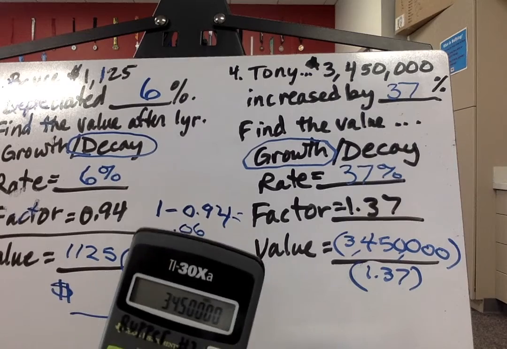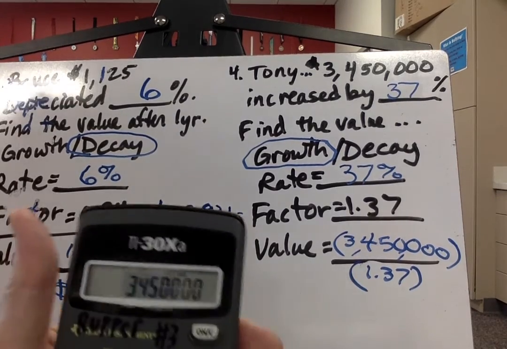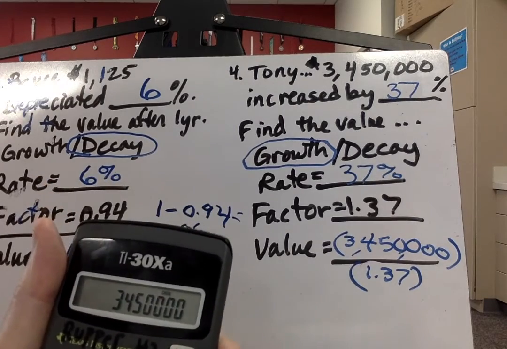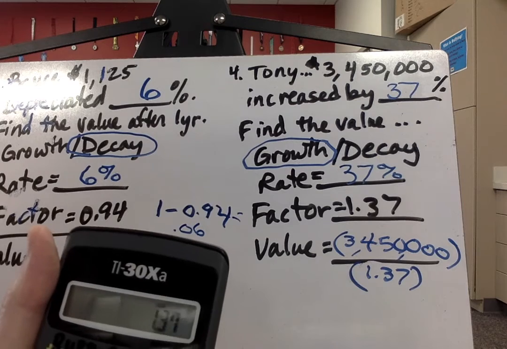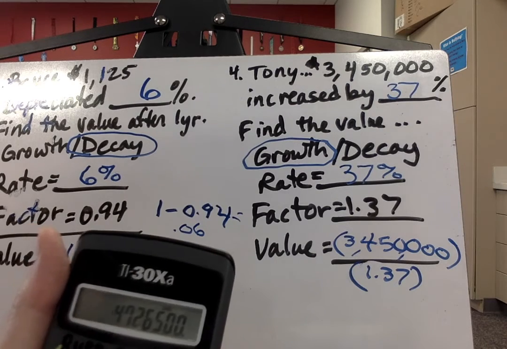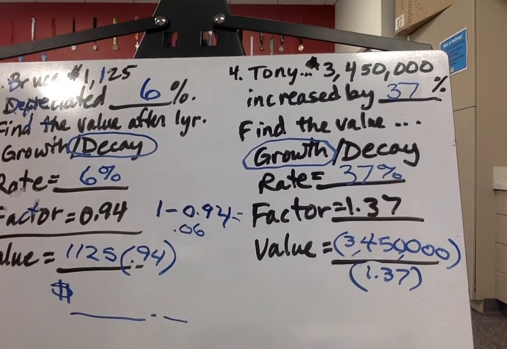So we have 3,450,000, and we just multiply it by 1.37. Ooh, that's gone up in value quite a bit if it's just for 1 year. 4,726,500.